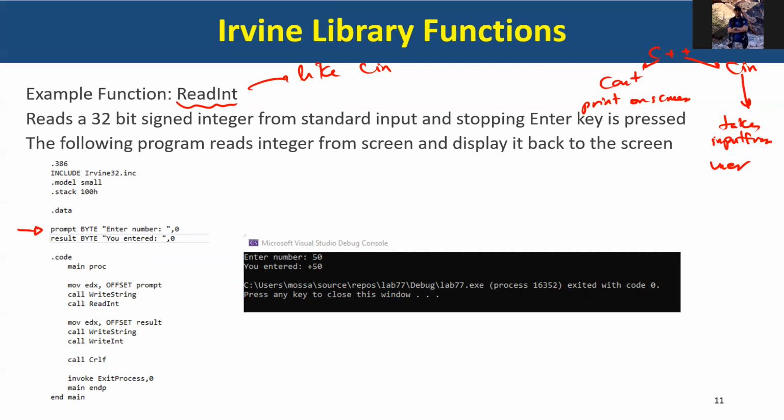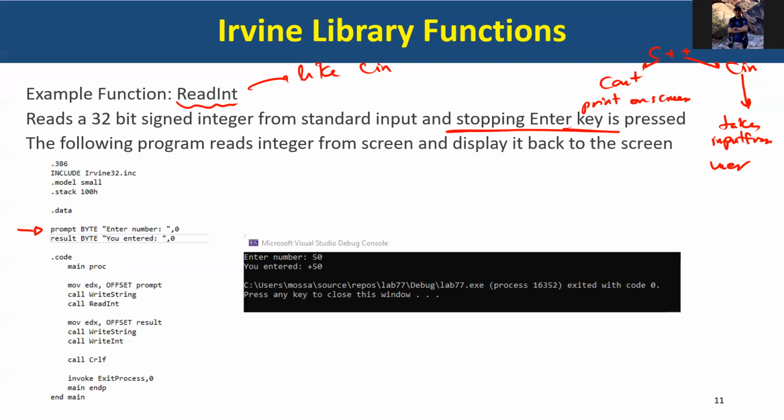So when the user reads this message, he knows that he should enter a number followed by the enter key, which is the stopping notation. Readint will read what the user has input once the user hits the enter key on the keyboard.